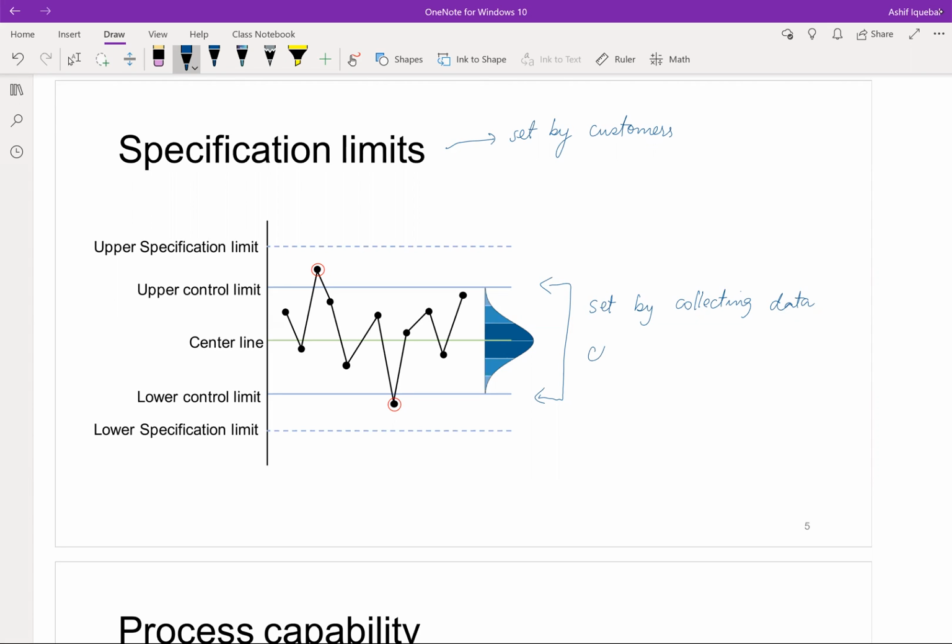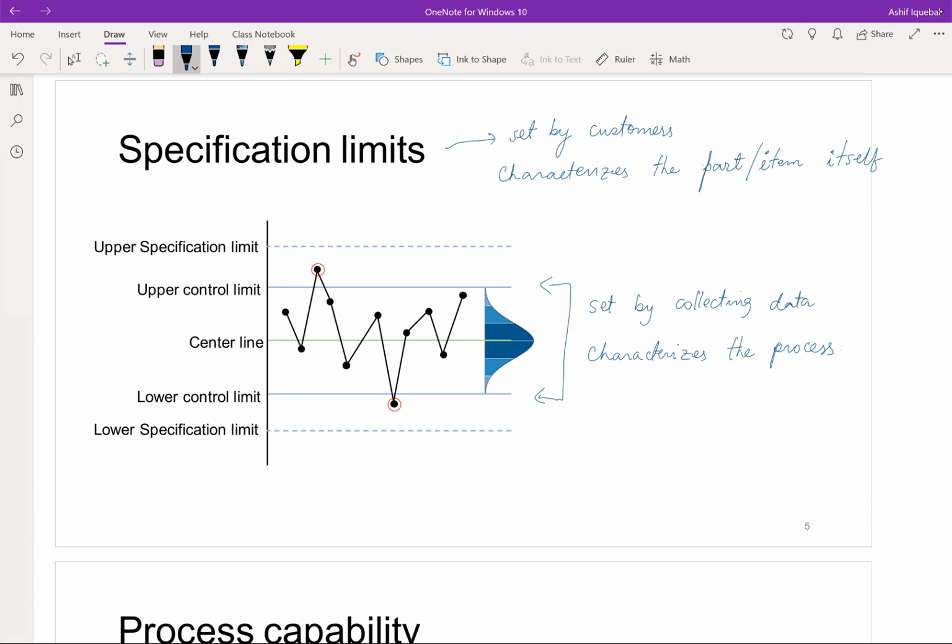So a control chart characterizes the process. On the other hand, a specification limit characterizes the part itself, the part or the item itself.